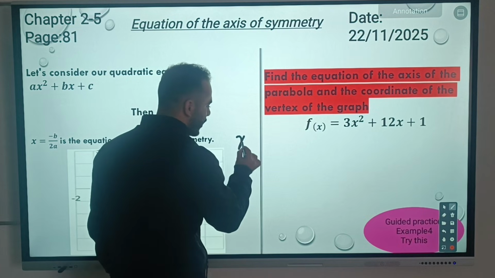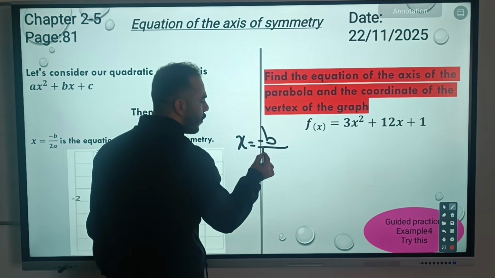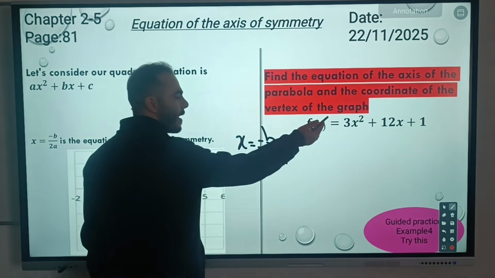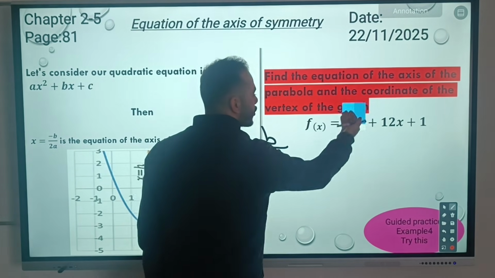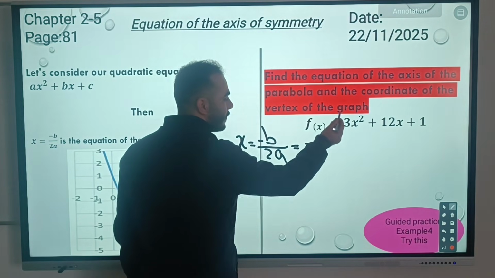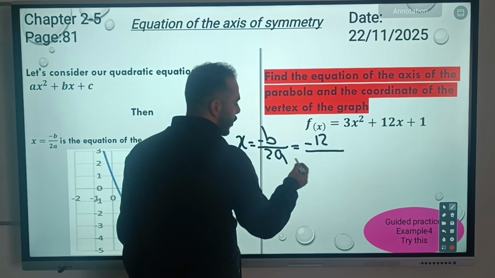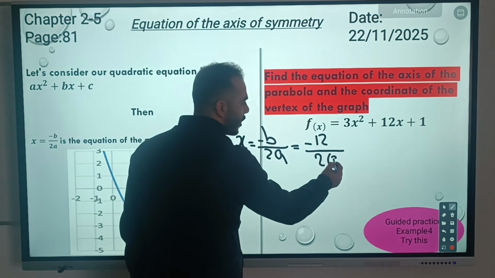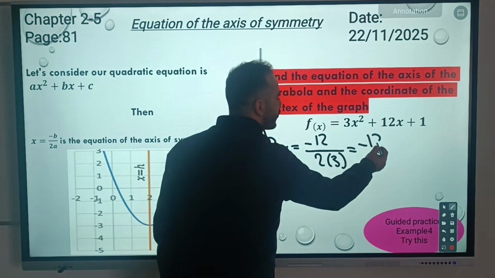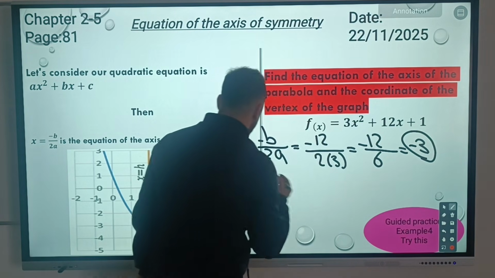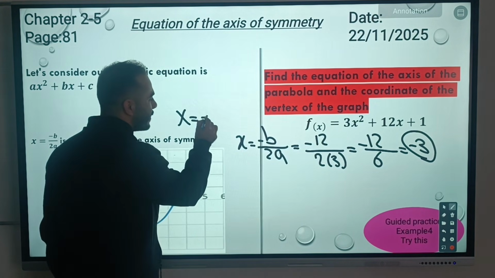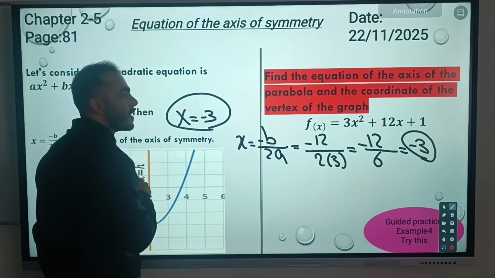First of all, x equals negative b over 2a. Look, in this equation a is not 1 anymore. So negative b is negative 12, over 2 times 3. So we have negative 12 over 6, which is negative 3.